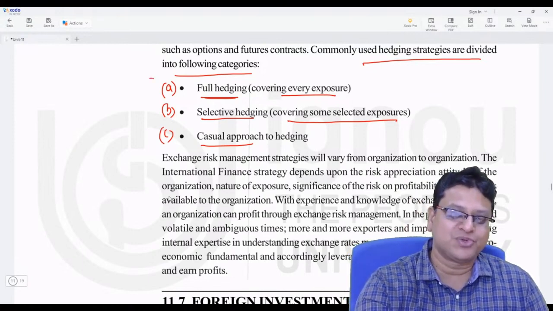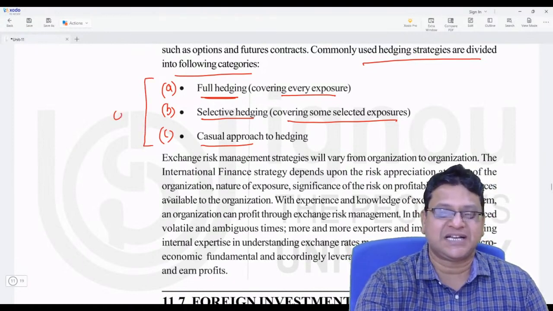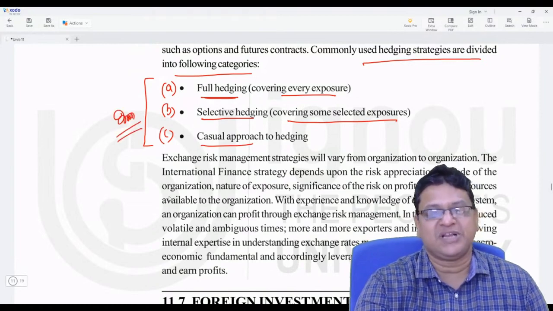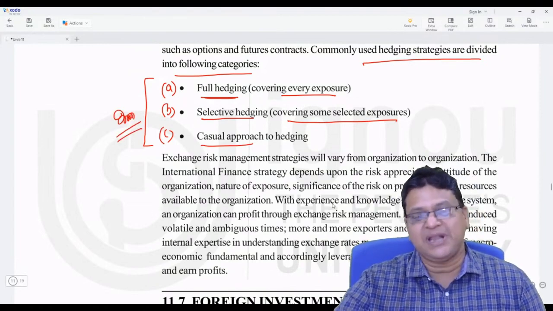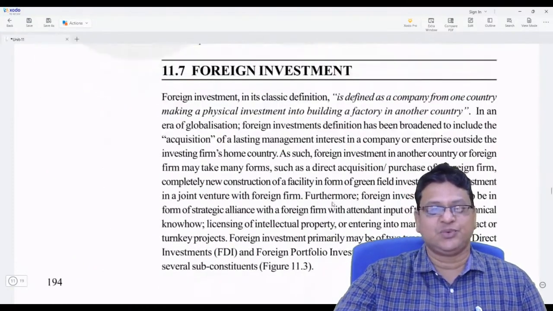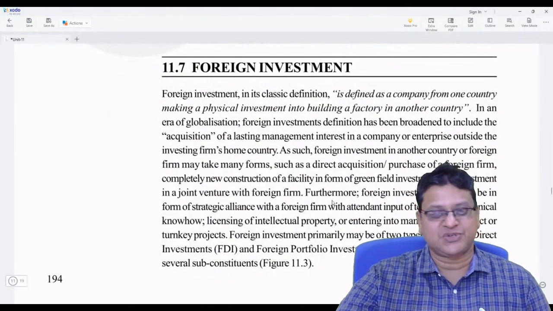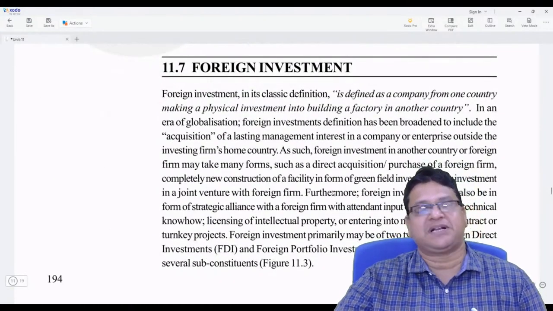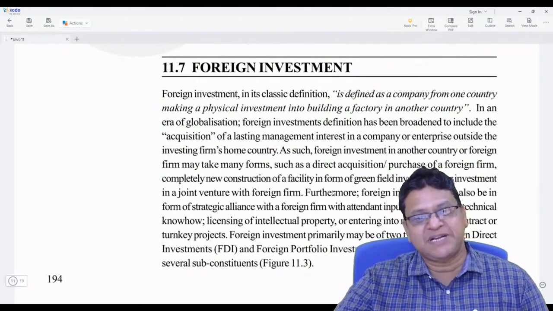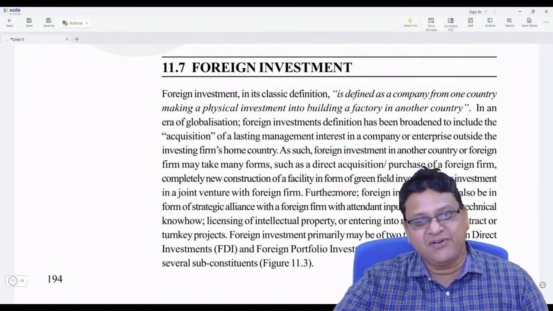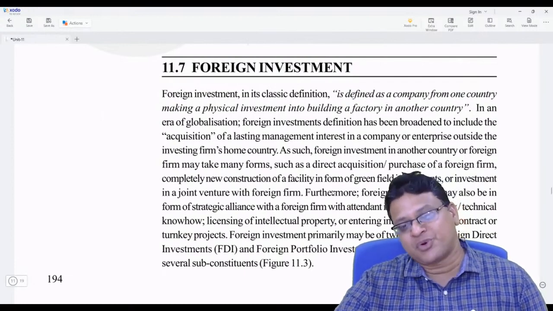Companies normally follow three types of hedging strategy for managing currency risk: full hedging, selective hedging, and casual hedging. Next, we will discuss one concept that is known as foreign investment. What is foreign investment? Foreign investment simply means investment by a person of foreign origin into your country.